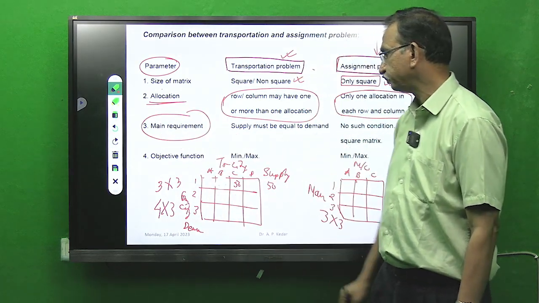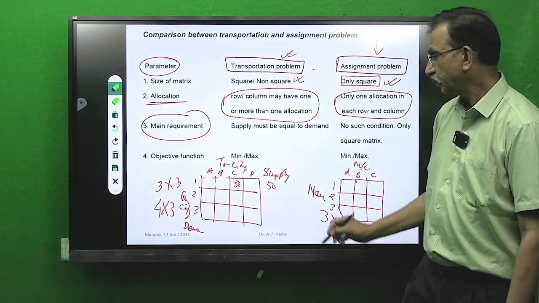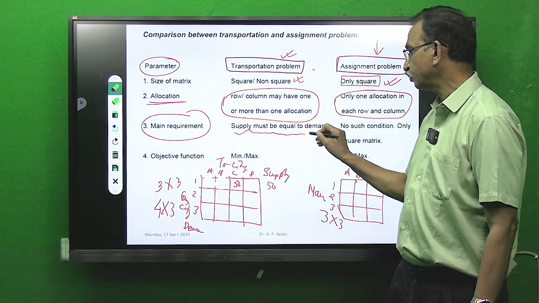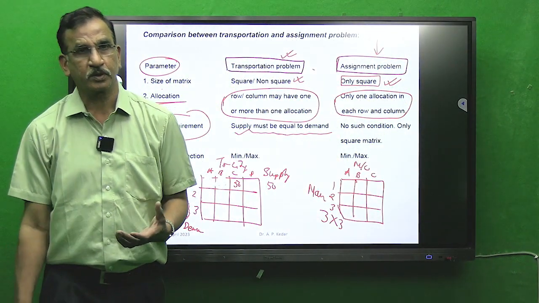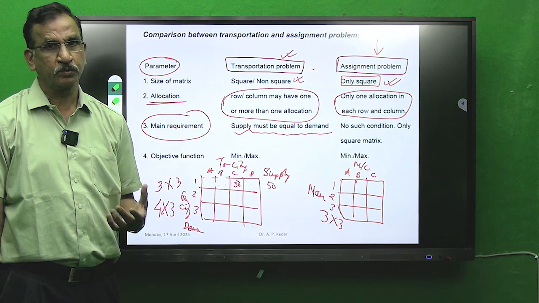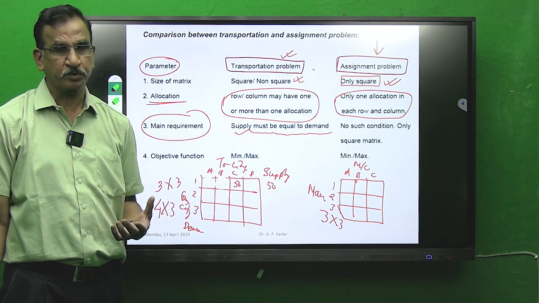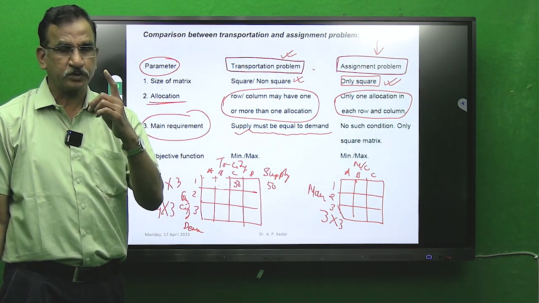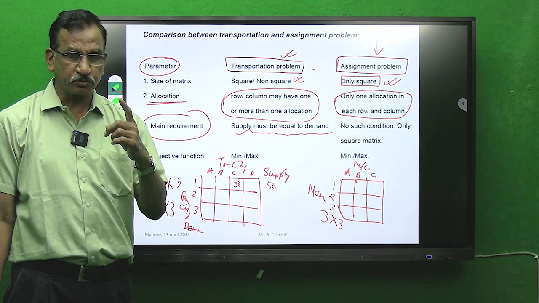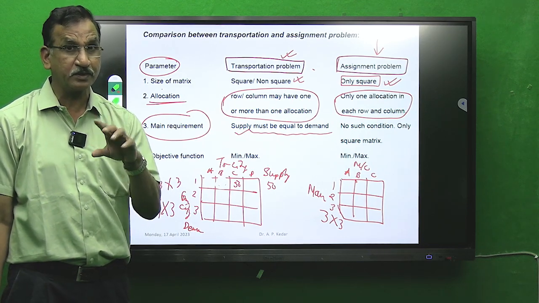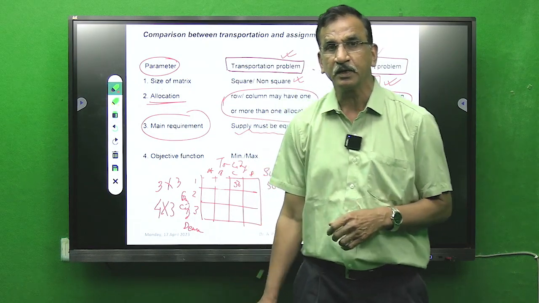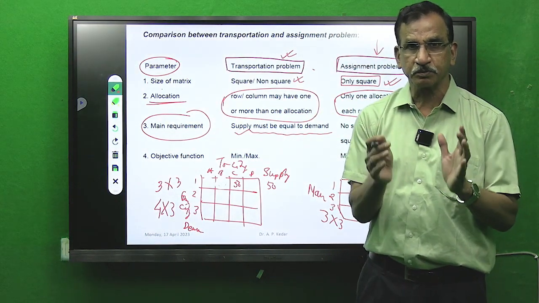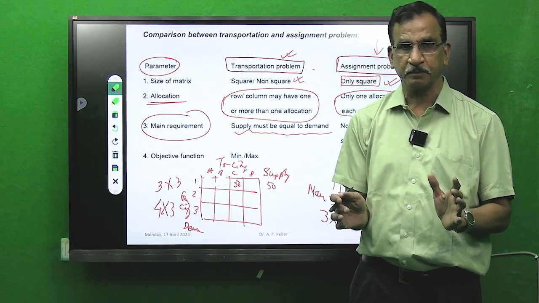Third, main requirement. This is very important. Supply must be equal to demand. Whenever you are attempting any solution to a given transportation problem, the first very essential condition, which is also called by many authors the RIM condition, R-I-M, is that total supply must be equal to total demand.